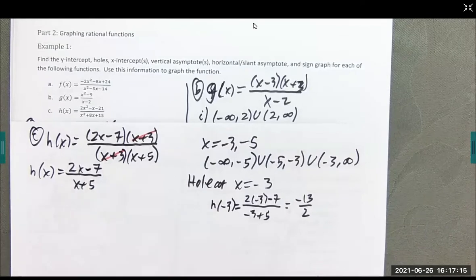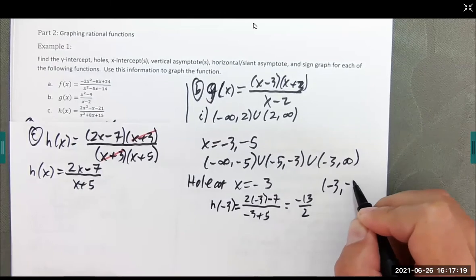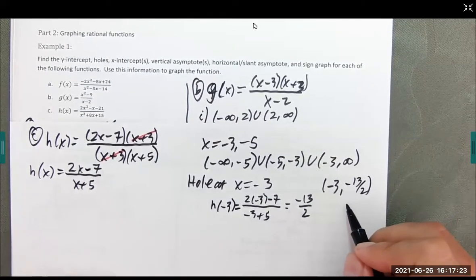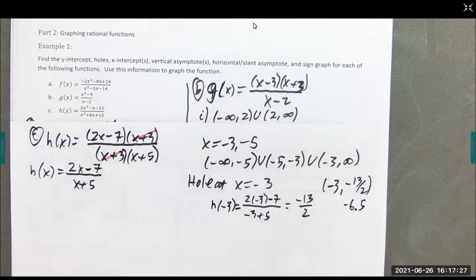All right, so we have a hole at the point -3, comma, -13 halves, and just to make sure we're on board, that is -6.5. So we can have a better idea of what that means.